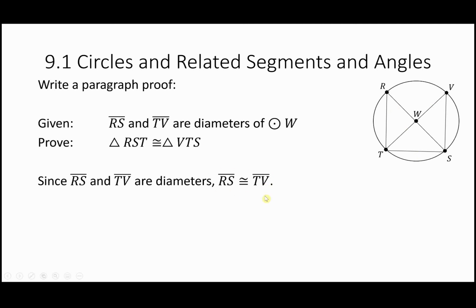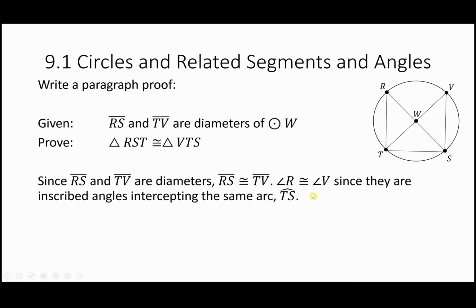Okay, next, I will claim that angles R and V are congruent to each other because, if you notice, now we could also call this angle TRS and angle SVT if you like, but I went ahead and used the one letter name for these angles just as a stylistic choice.